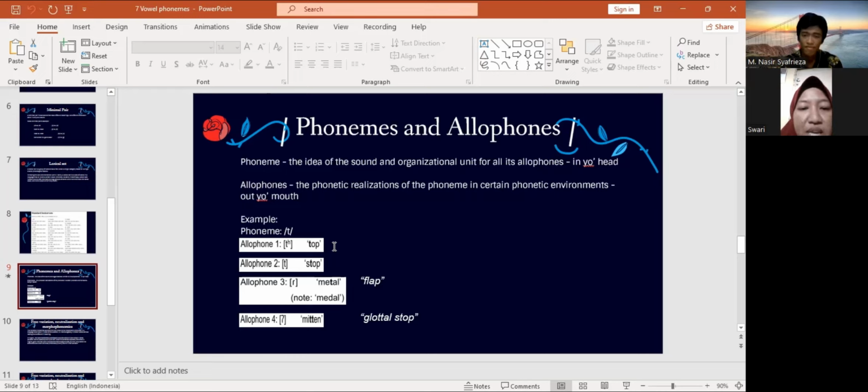Allophone three is like in the example metal, where you can say metal with a flap. Allophone four, for example mitten, is like a glottal stop. Next slide.